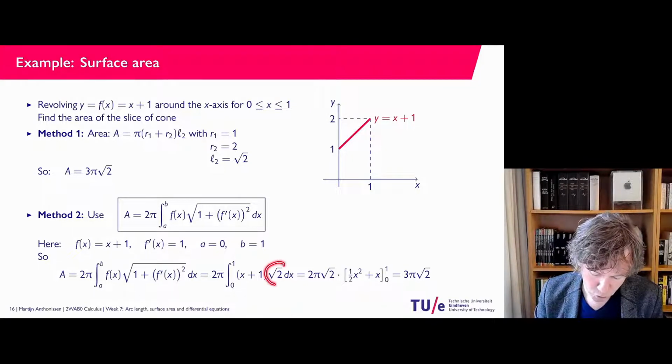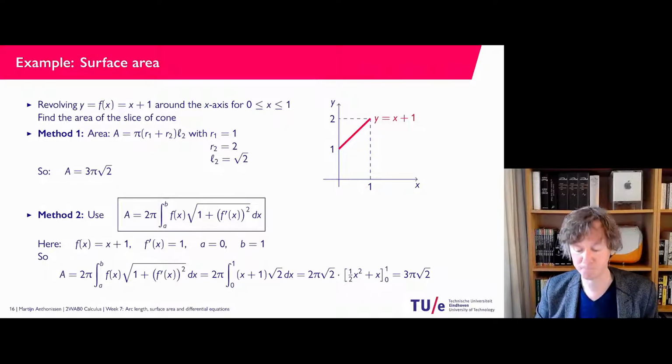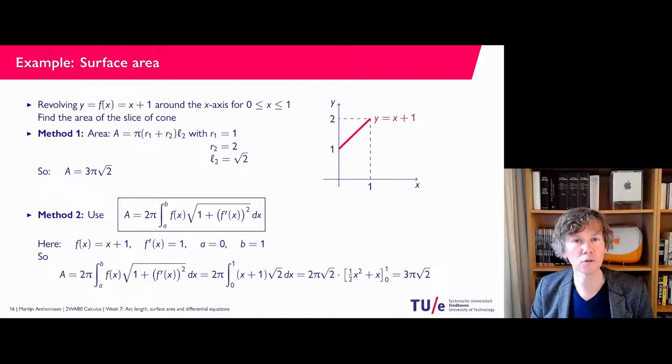The square root of 2, that's just a constant, so you can write it in front of the integral. x plus 1, if you take a primitive function, you find half x squared plus x. And then if you evaluate that at the two endpoints, you find indeed 3 times pi times the square root of 2. So that's nice. We find the same result, as it should be, of course.